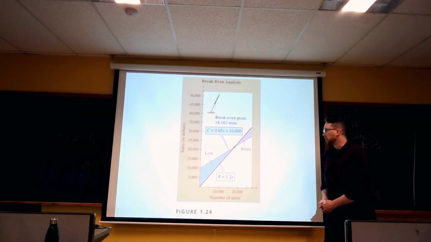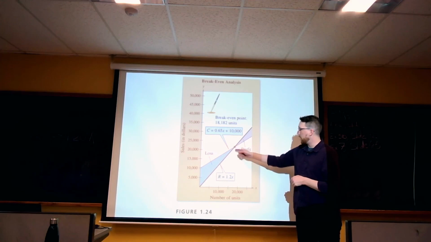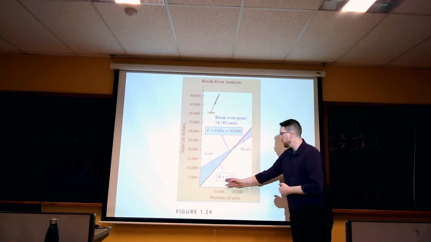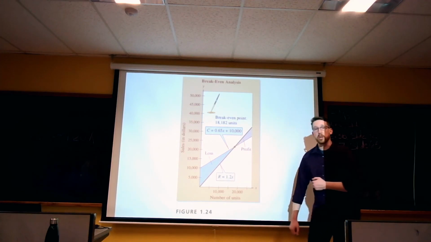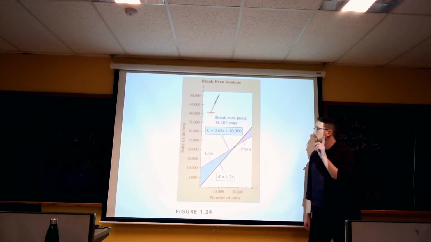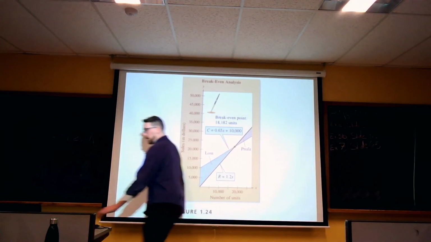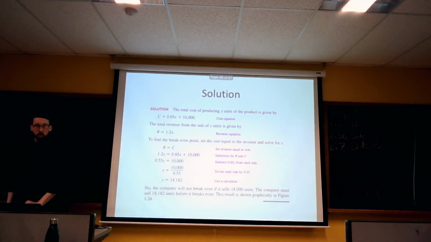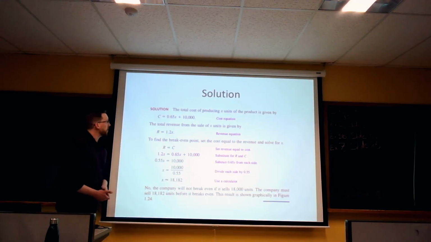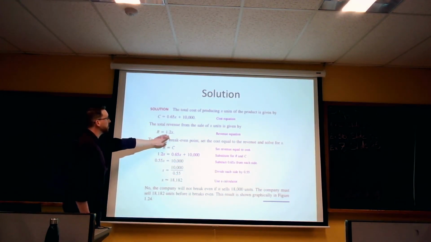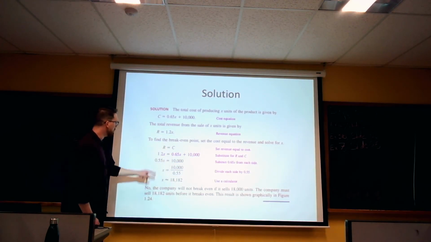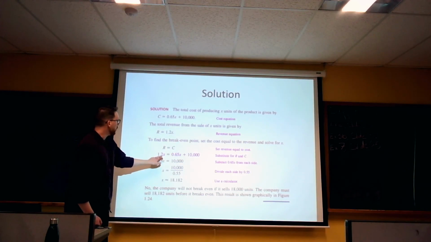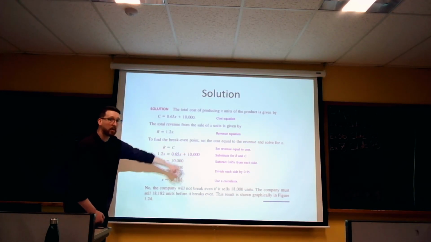All right. So how are we going to find this point? Well, like I said, we're going to set our two equations equal to each other. It's going to look something like this, right? We've got our cost equation, we've got a revenue equation. We set them equal. We get 1.2x is equal to 0.65x plus 10,000.